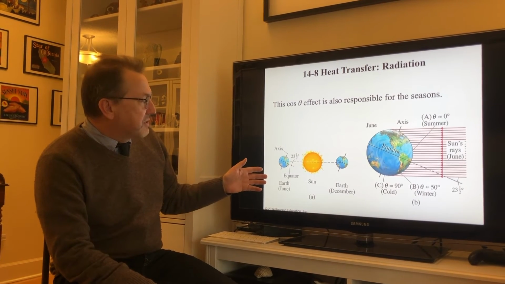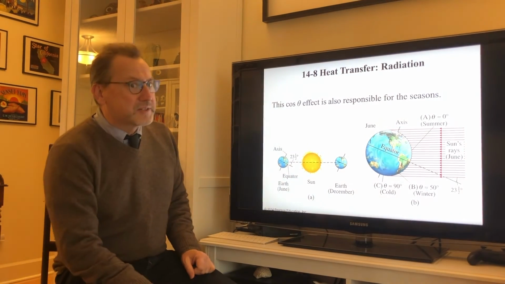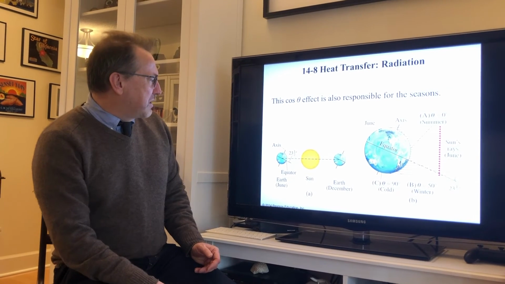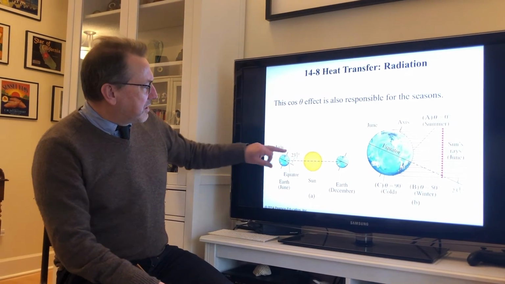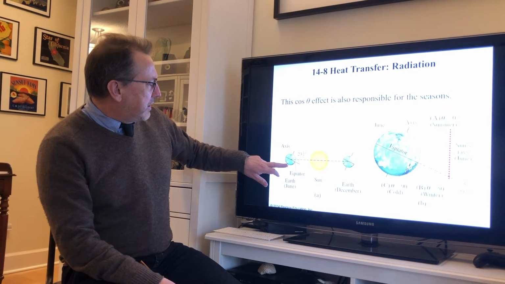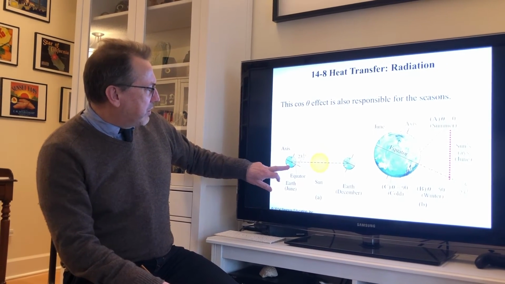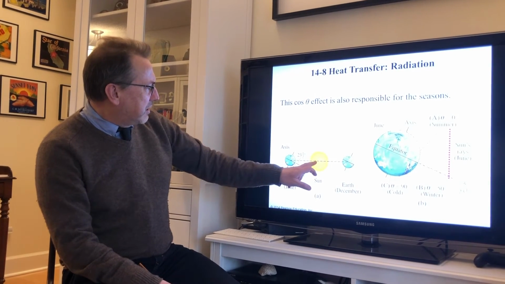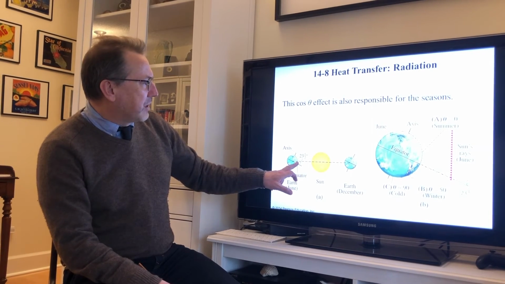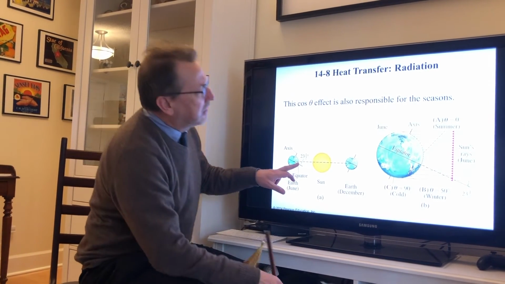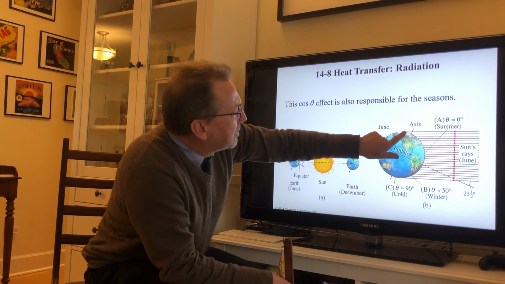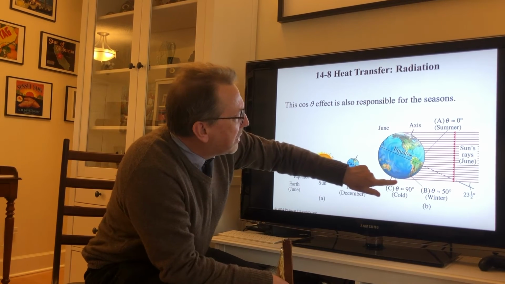The reason we have seasons isn't because the Earth is closer to the sun at some times of the year. It makes no sense otherwise. It would be summer all over the planet. The reason we have seasons is that the Earth is inclined in its orbit, and at this point here in the orbit, you can see that the sun would be directly overhead at this point here, which would be called the Tropic of Cancer, and in the northern summer, the sun's rays are more direct on the northern part of the planet and more spread out on the southern part.